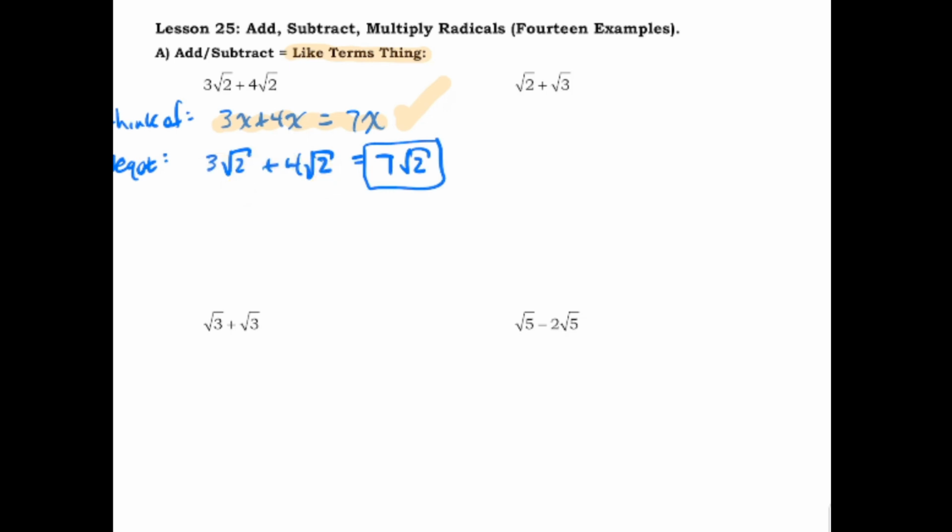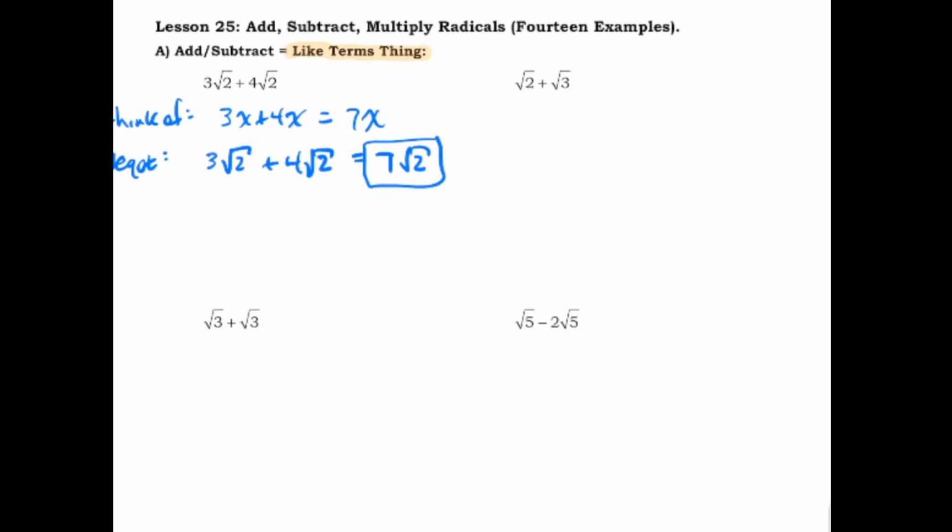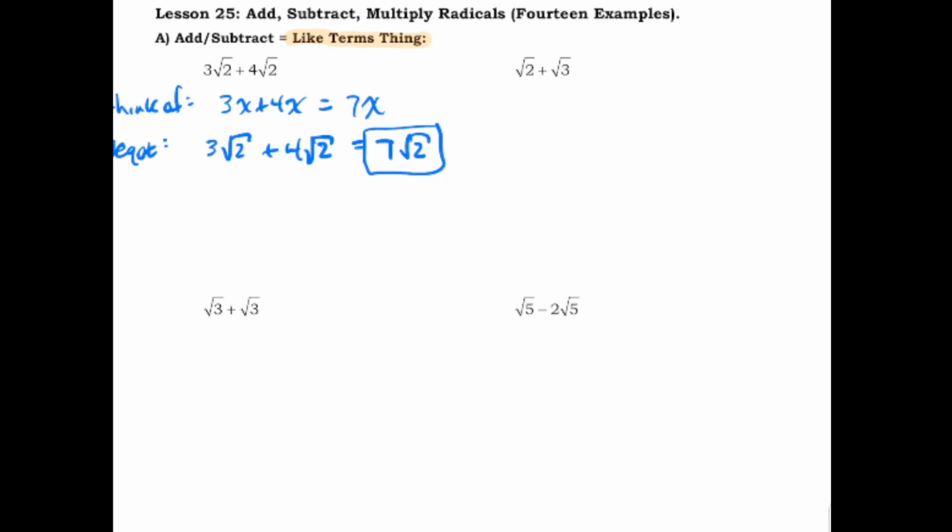Now let's come down to this one actually right here. So root 3 plus root 3. Again, you want to think of this almost as though you had an x plus an x, right? If you had an x plus an x, you'd know what to do. You'd say, I got one of them, and I got another one, so I got 2 of them. I got 2x.